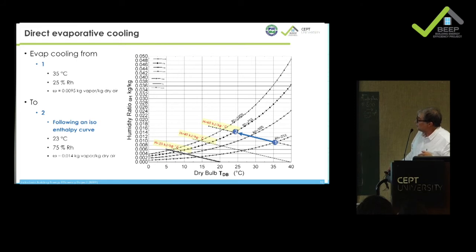And then when you go for evaporative cooling, you have to follow these enthalpy lines. You can see them on your diagram, on the top of the curve. I'll show you after because we have the same diagram after.